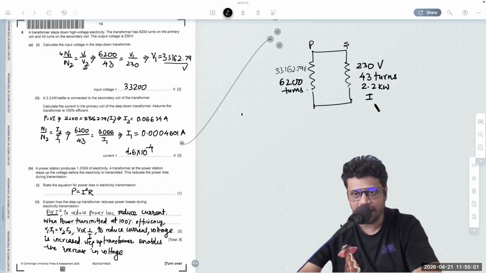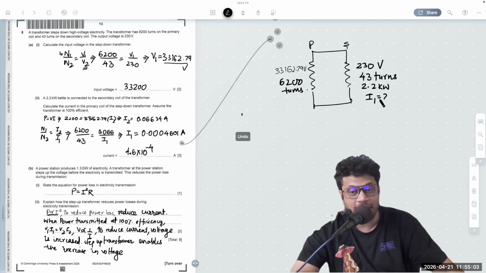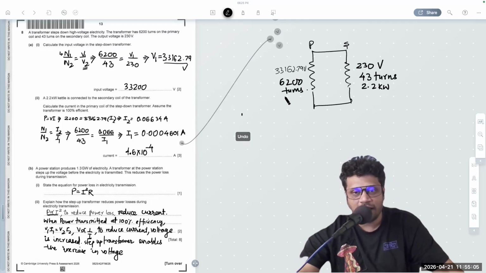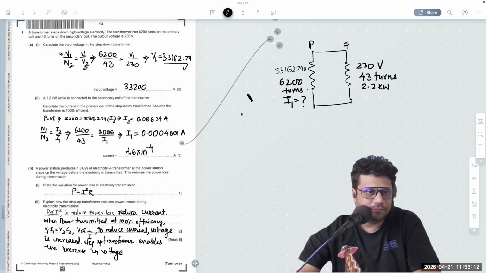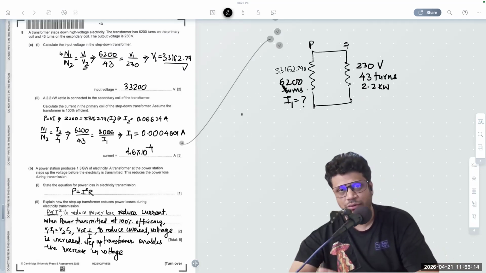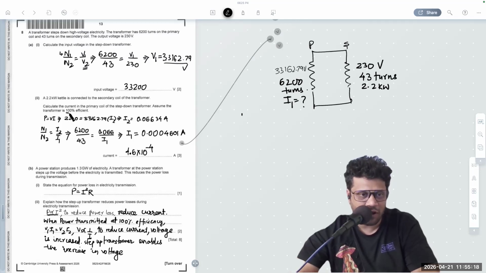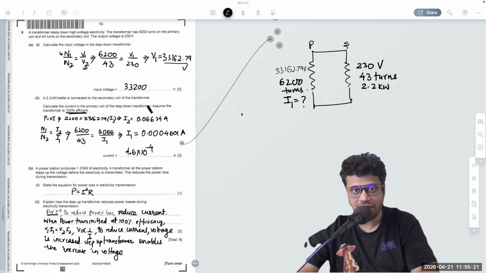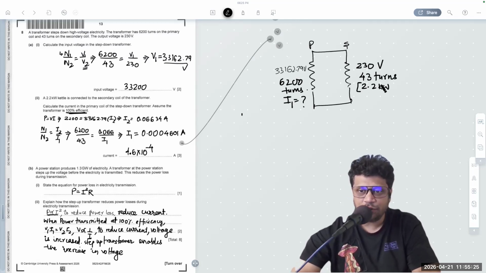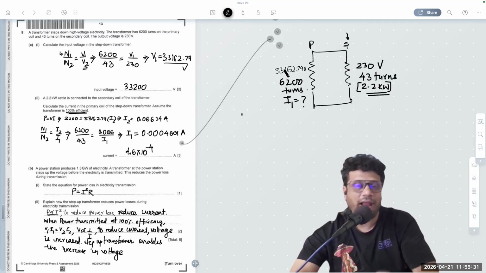The current in the primary coil is what we are looking for. The most important thing for you to remember here is, if it is said that the transformer is 100% efficient, the output power, which is 2.2 kilowatts on the secondary coil, is going to be the same on the primary.